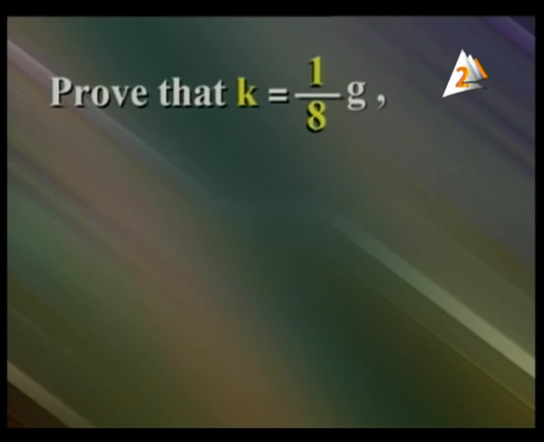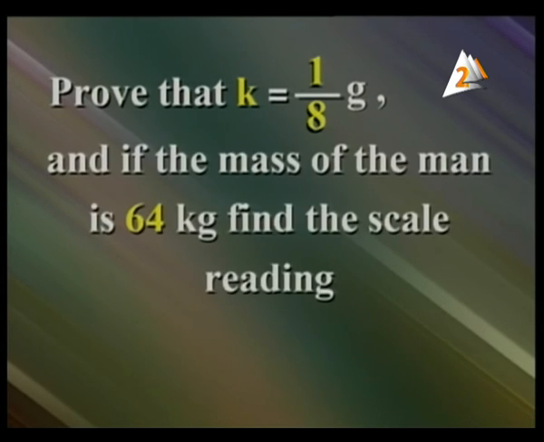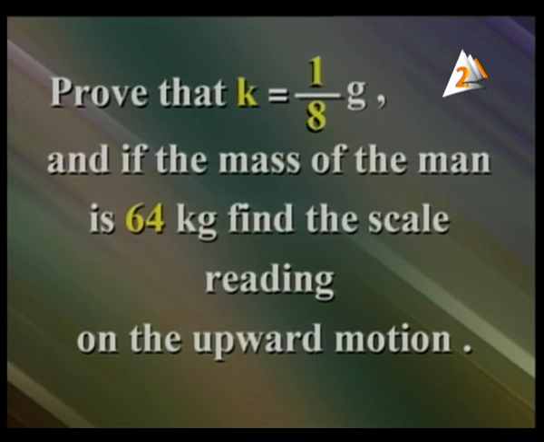Prove that k equals 1 over 8 g, and if the mass of the man is 64 kilogram, find the scale reading on the upward motion.